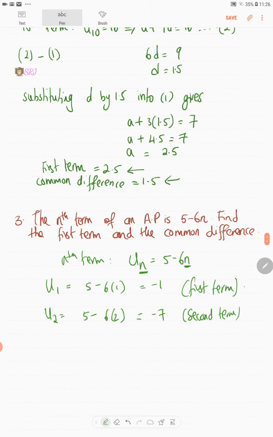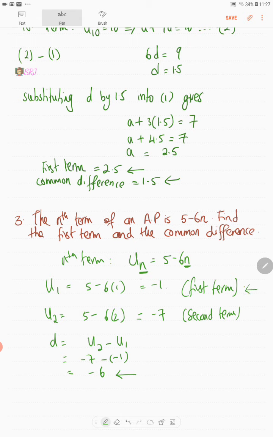To obtain the common difference, d, we just have to take u2 minus u1. It is the difference between two consecutive terms. So we obtain -7 minus -1, which is -6. So this is the common difference, and here we have the first term.